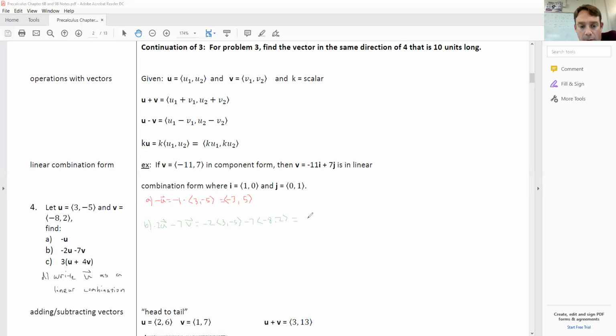So negative 6, 10 plus 56, negative 14. And all together, that ends up being 50, negative 4.